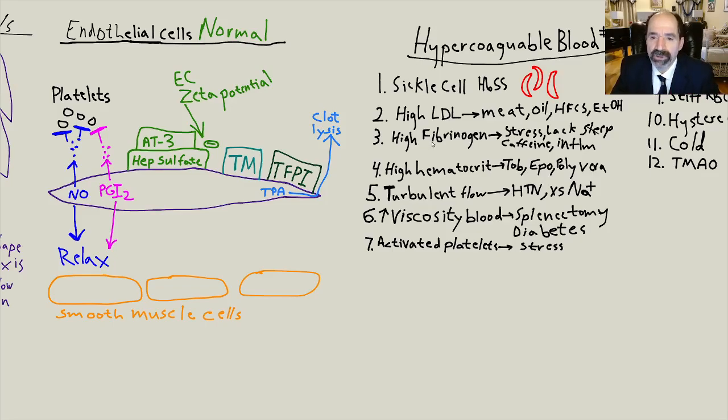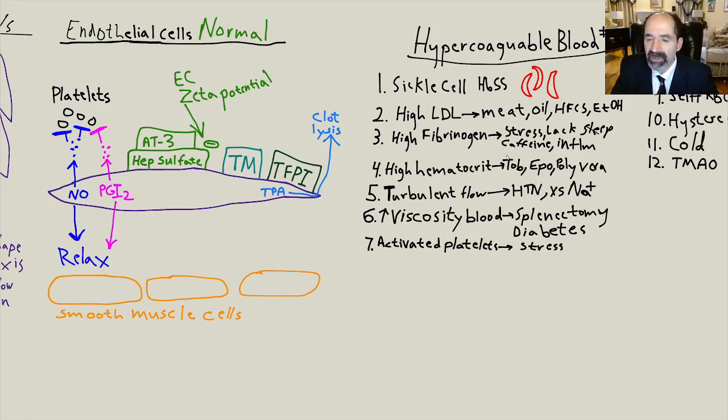Okay, high fibrinogen. High fibrinogen occurs due to stress and stress equivalents, like a lack of sleep, dietary caffeine, inflammation. A high hematocrit is caused by tobacco smoking because of the hypoxia. To compensate, the hematocrit goes up. The more red blood cells are produced to carry oxygen.